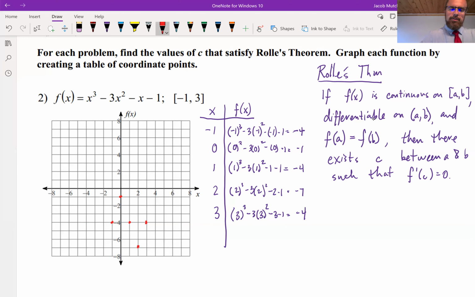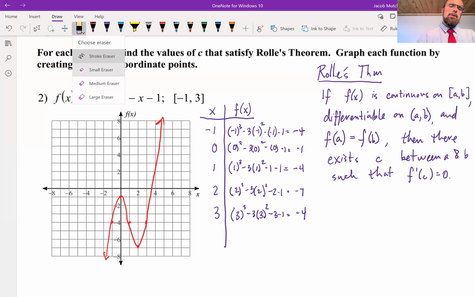If I were to sketch this function with an all real numbers domain, it would have this appearance, that typical cubic function, kind of a double wave in the middle. But again, we're interested in just the interval from -1 to +3. So I'm just going to restrict the domain here.